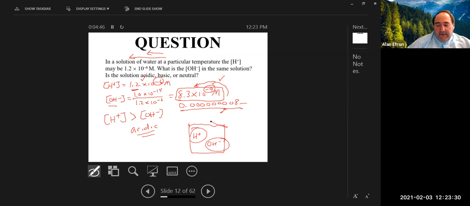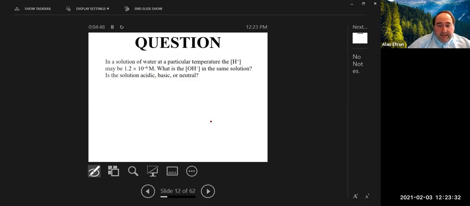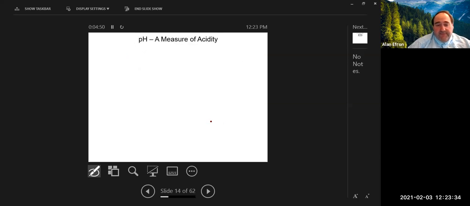Another more convenient way that we often think about acidity is by looking at pH. pH is equal to minus the log of the H plus concentration. The pH scale runs from 0 to 7 to 14. Below 7, down to 0, is acidic.